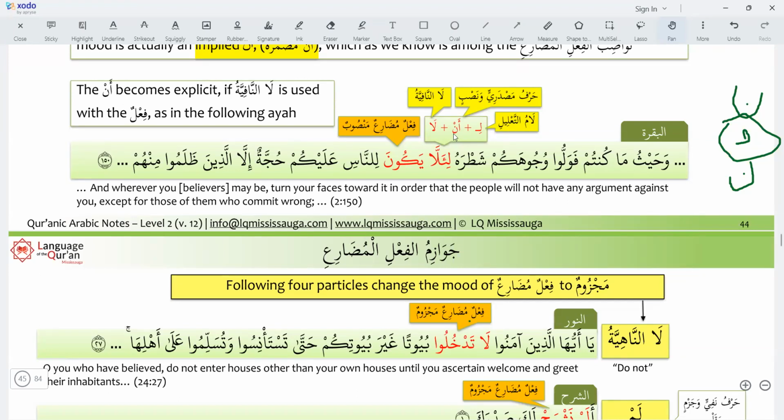After the lamul ta'lil, there is an. Then after that an, there is la nafiya. Li-alla yakuna, and this an is giving mansub here. It was yakunu and it changed into yakuna.